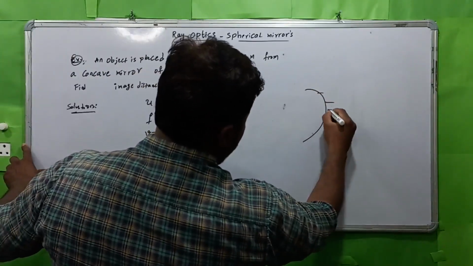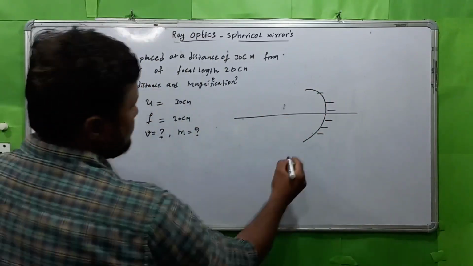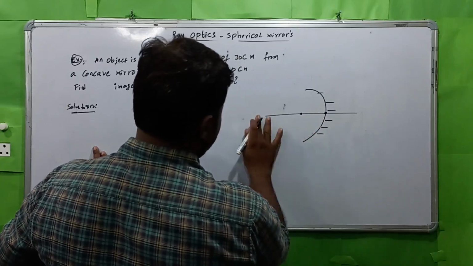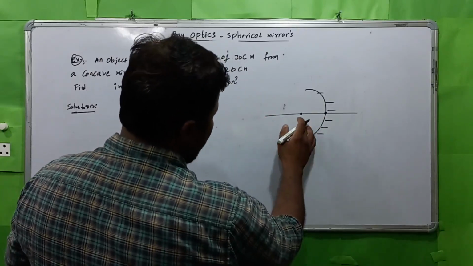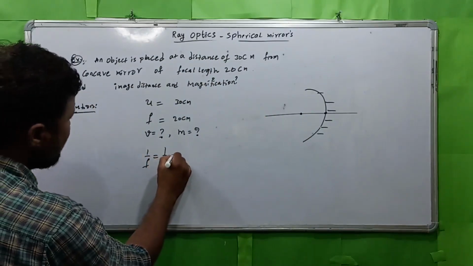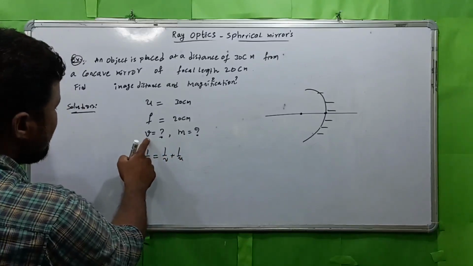If I draw the concave mirror, because concave mirror given focal length, okay, we will draw the diagram later. Apply mirror formula, 1 by f is equal to 1 by v plus 1 by u. We have to find v.